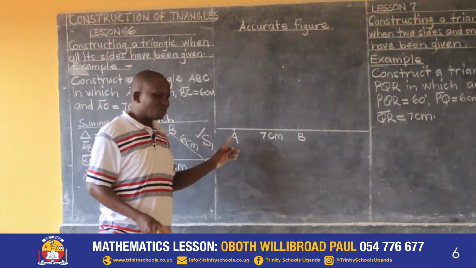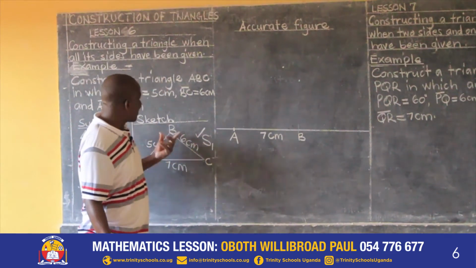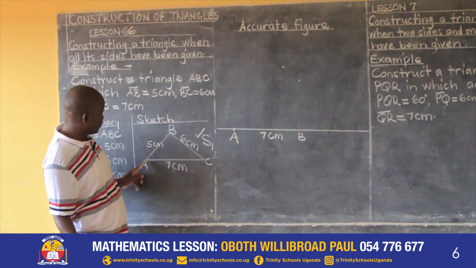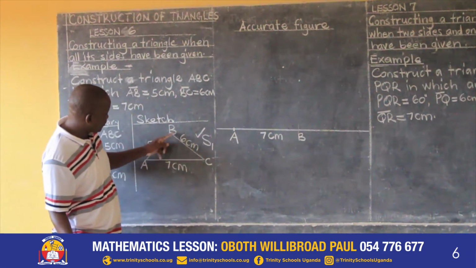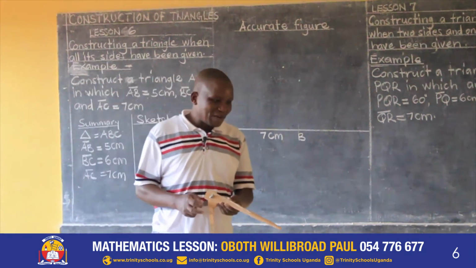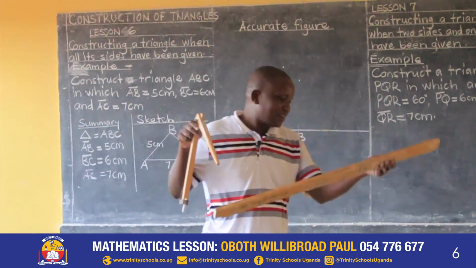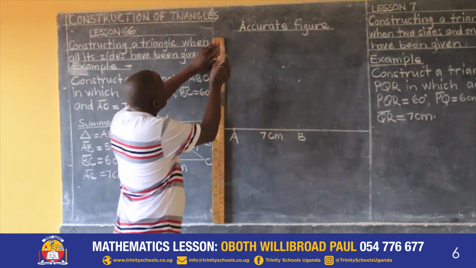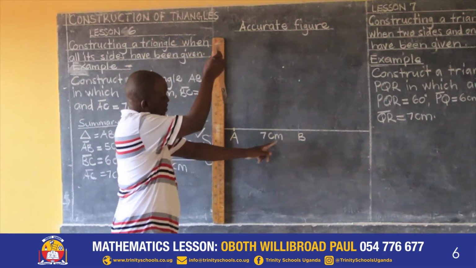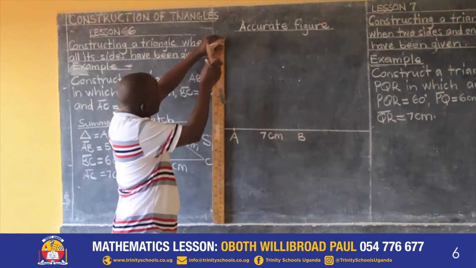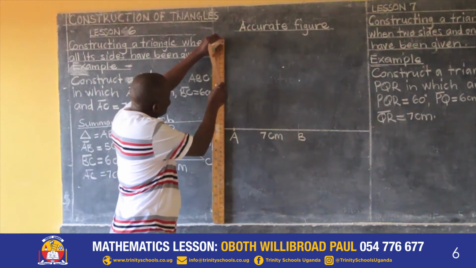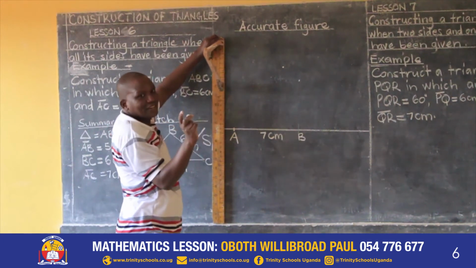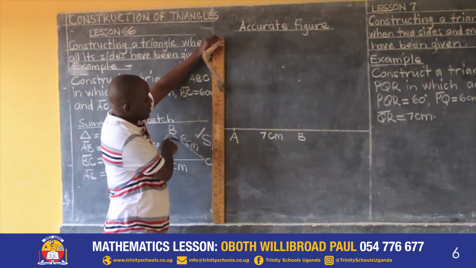So step 2, go back to the ruler so that we take a measurement of 5 centimeters. Since I multiplied the 7 by 2 to get 14, I will also multiply 5 by 2 so that my 5 will be 10. But for you, please don't take 10 because the question says 5 centimeters.